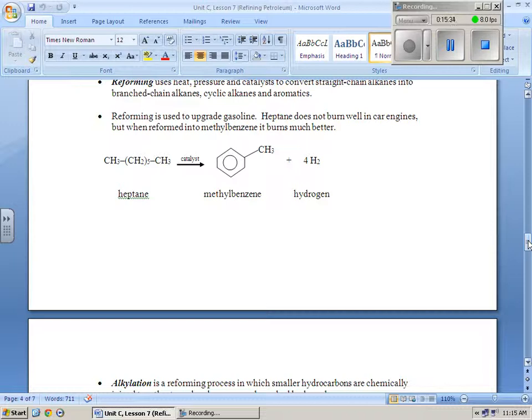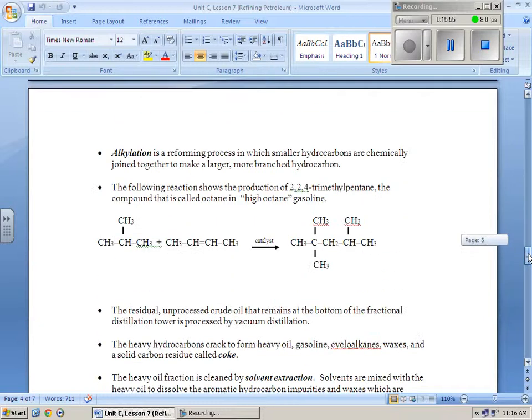So reforming takes a 7-carbon chain and reforms it into a 6-carbon ring with an add-on. Once again, you don't have to know the equation, but you just have to know that reforming rearranges them into a different structure.